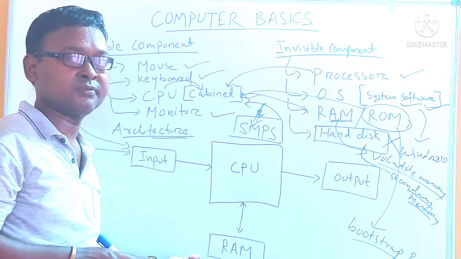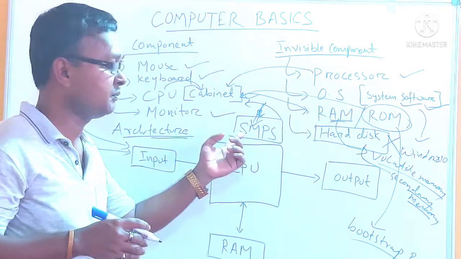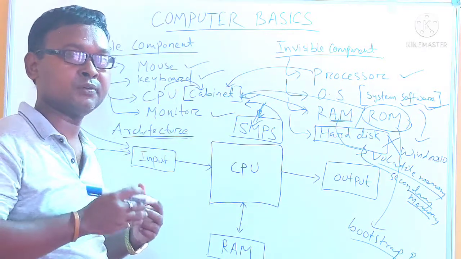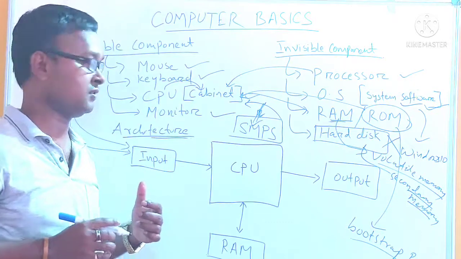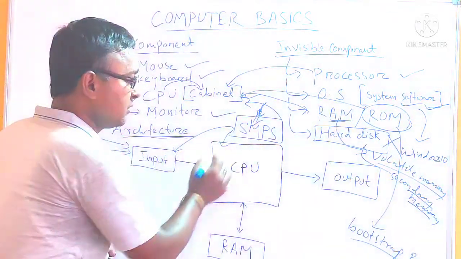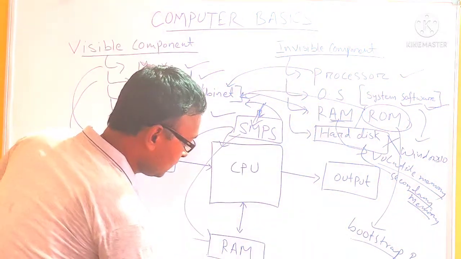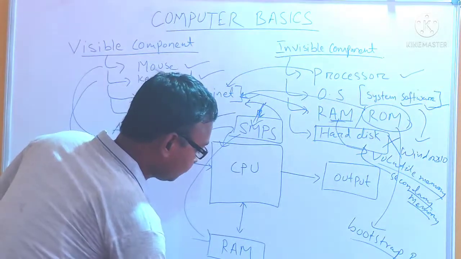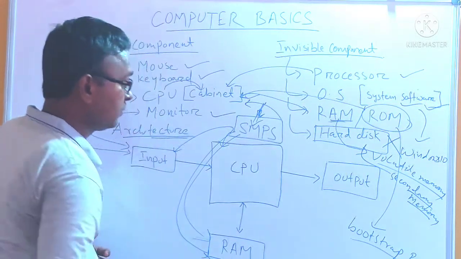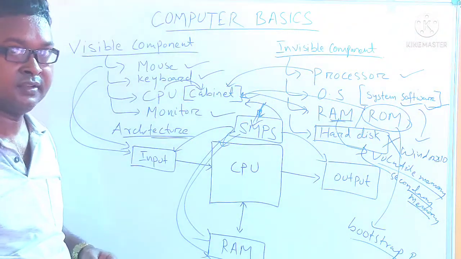components of your computer system. Whatever power a component requires, the SMPS will analyze and decide, and it will give the power to that particular component. It will give the power to the input devices, the CPU, the RAM, the ROM, and the output devices.